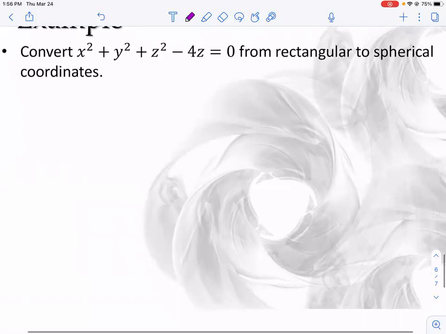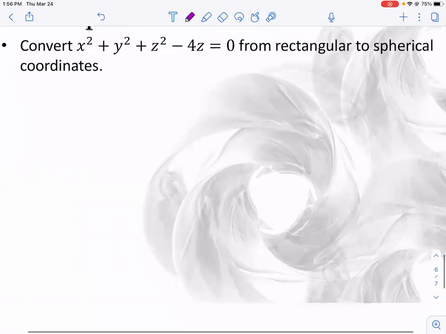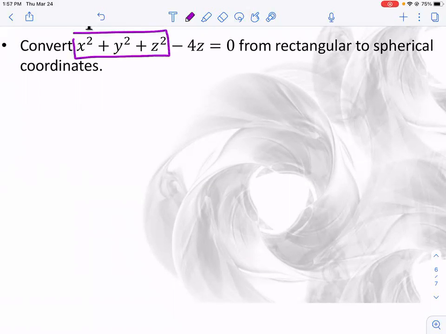All right, so what do you notice? What's this the same as? Okay. And what is Z the same as?